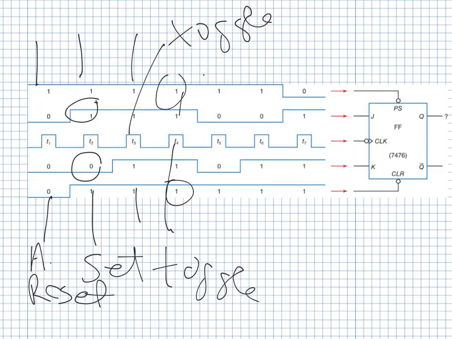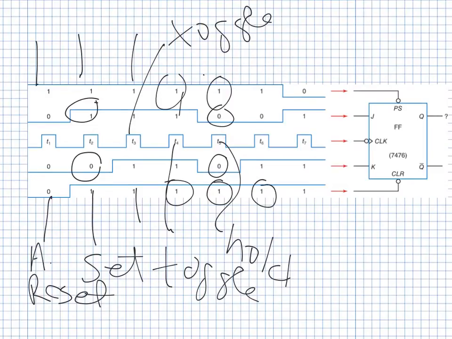T5, preset is a 1, clear is a 1, so we're not in the asynchronous state. We're concerned about J and K. J's a 0, K's a 0, so that means T5 is a hold state. All right, T6, again, preset and clear come first.